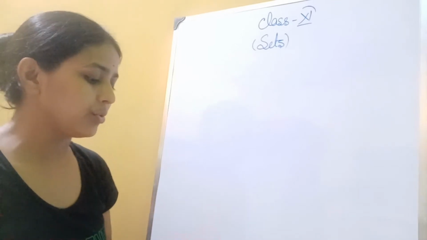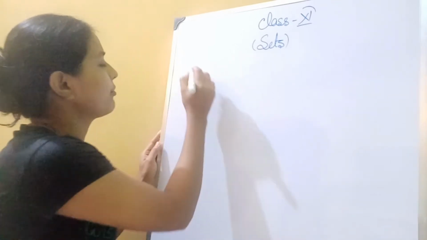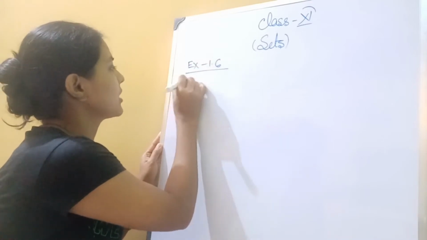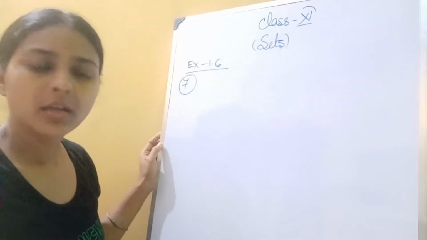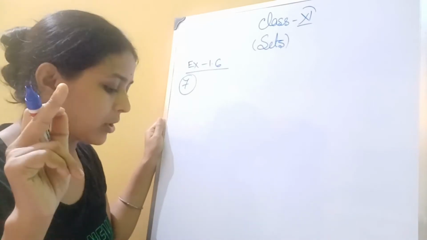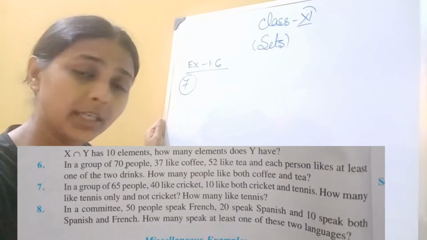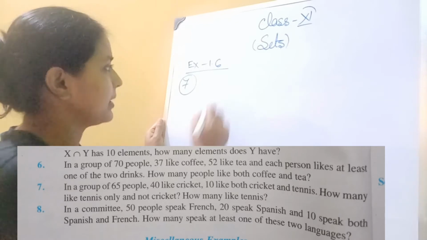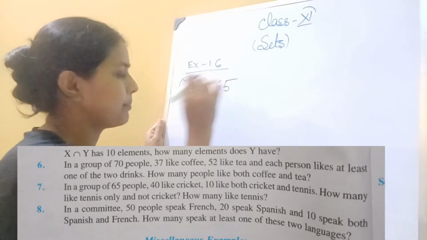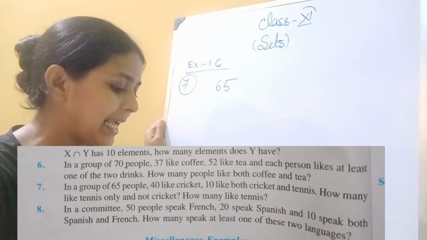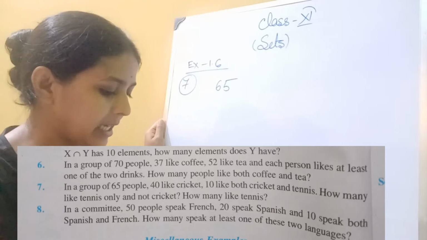Now I am going to do question number 7 of exercise 1.6. Again the question will be on your screen and I am reading it from my book. In a group of 65 people, so total 65 people, 40 like cricket, 10 like both cricket and tennis.